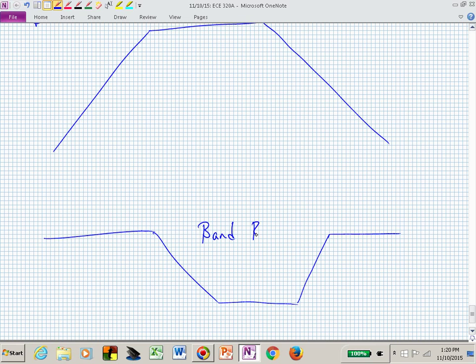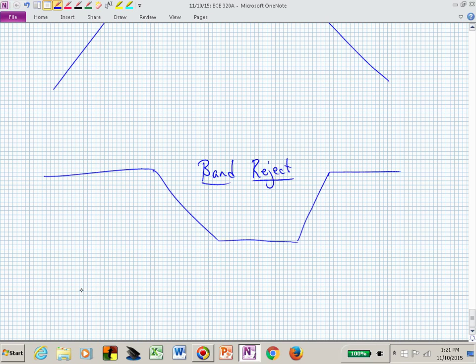This is a band reject, or a notch filter, depending on how you want to refer to it. Meaning, you can now start designing low pass, high pass, band pass, and band reject filters. Active filters. Active because op amps.